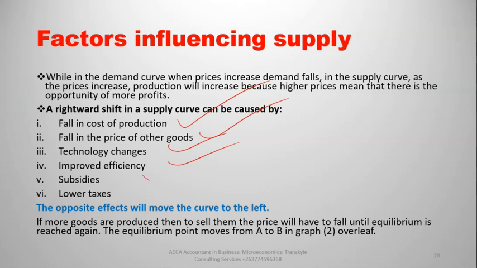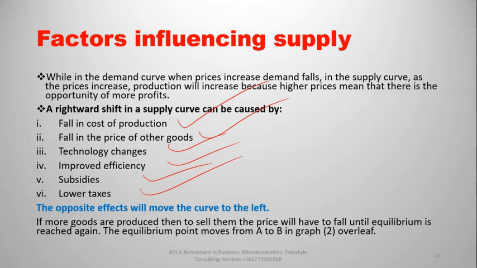Then subsidies. These are like grants which are given by the government to producers. So when they are given those advantages, which might be in the form of government grants or some tax shelters, etc., those would enable suppliers to produce more.